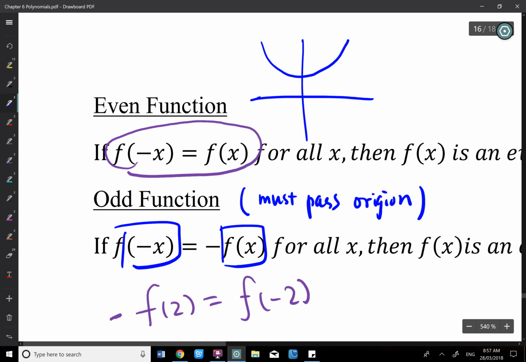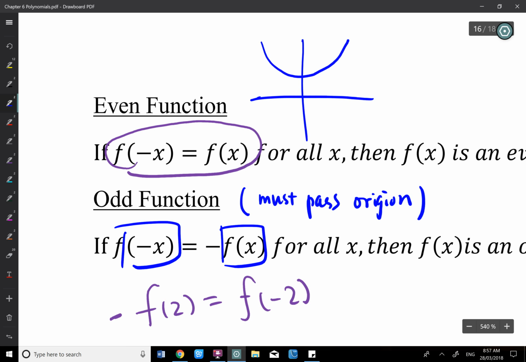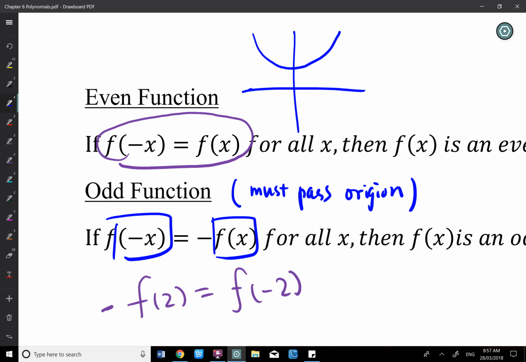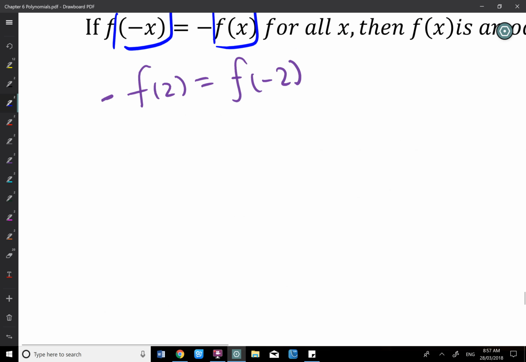But for an odd function, it is symmetrical about the origin, so the origin must be the middle point. You need to pass through the origin to make it an odd function. So an odd function must pass through the origin, but an even function not necessarily.